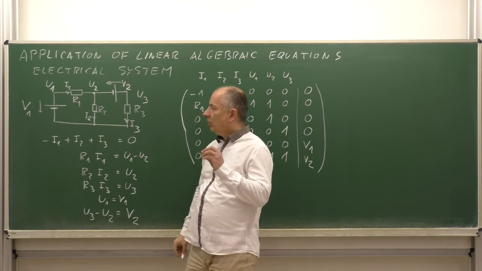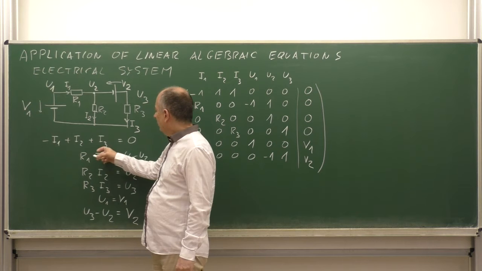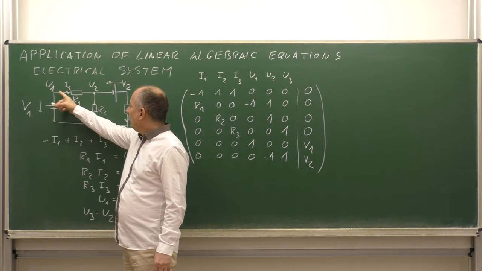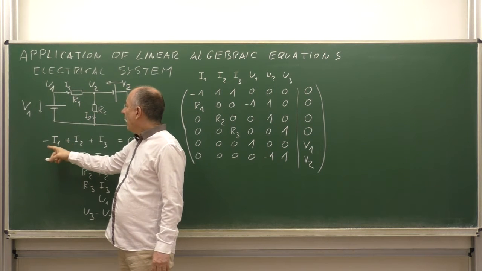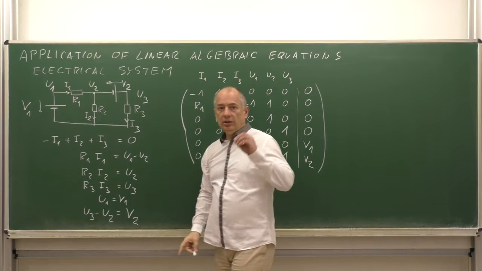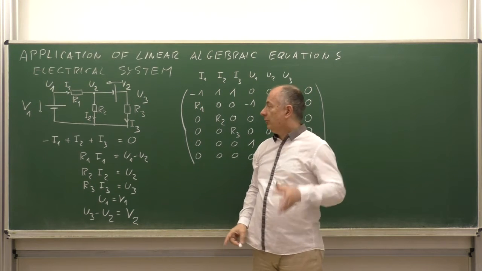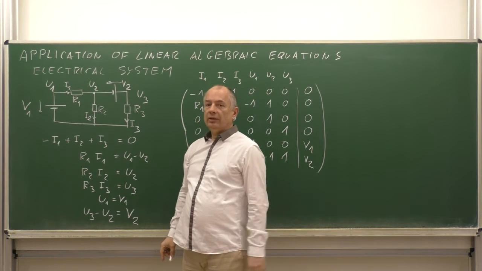So if we consider all the currents going out, that means I2 plus I3, and because I1 is denoted in this sense, then the current going out is minus I1. And the sum of all the currents going out must be zero, because no electric charge is generated at this node.